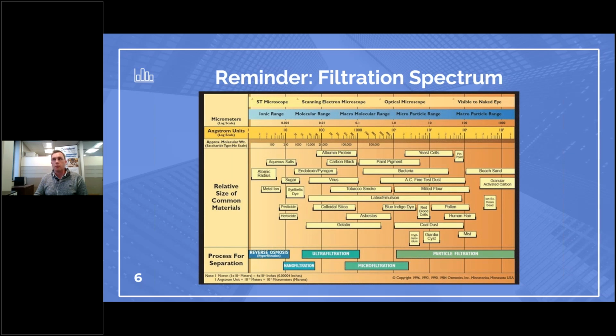Anything larger than that, we really want to try and remove before we have the RO sitting there getting the water and providing us our production water. So anything like colloidal clay, oxidized iron, oxidized manganese, all sorts of other things, you want to make sure to remove before you get into the RO system.